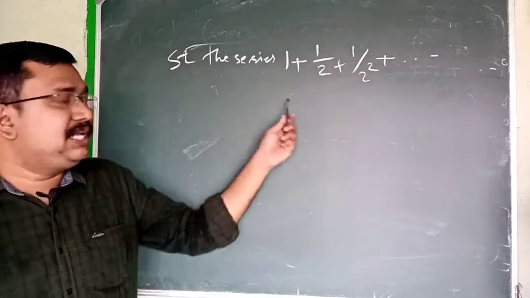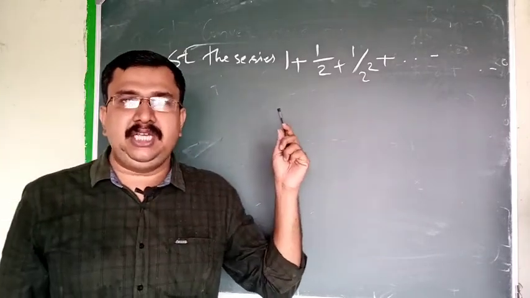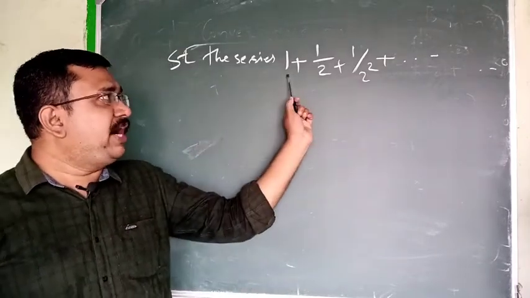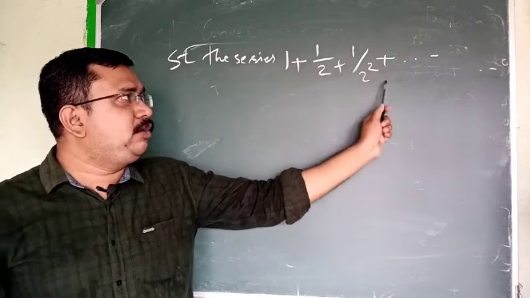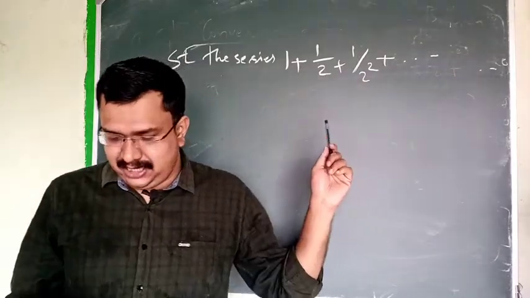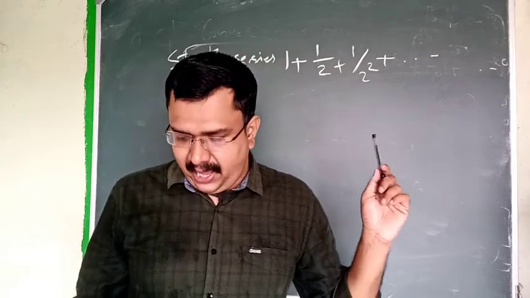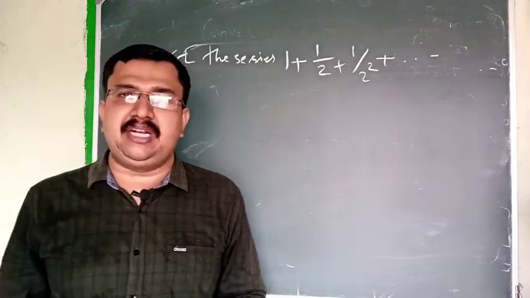Okay, listen. Our second question is, show that 1 plus 1 by 2 plus 1 by 2 square etc. This series is convergent and also find its sum.